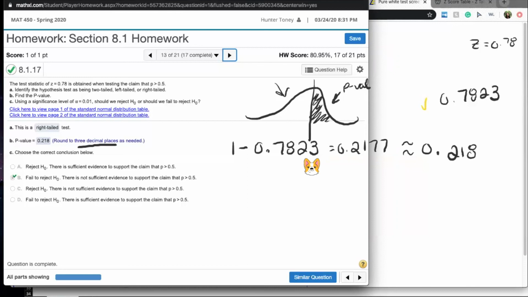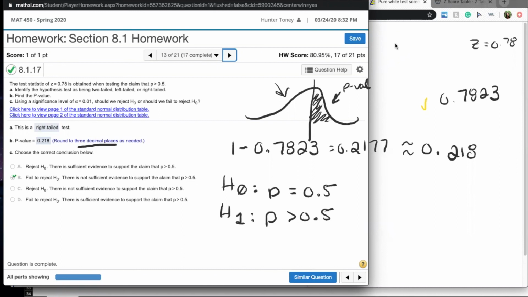If we're looking at our hypotheses, we would have our H sub 0, or our null hypothesis, as our proportion p being equal to 0.5, and then our alternative as p is greater than 0.5.